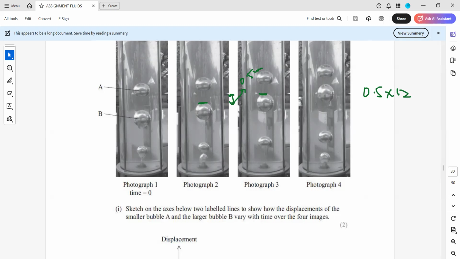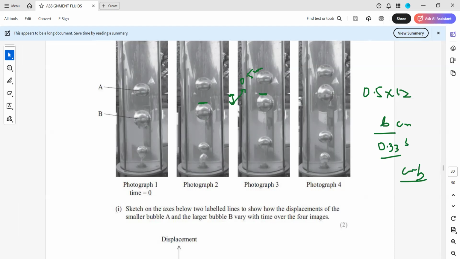Is it clear? So I'll get 6, and the 6 is the total distance in centimeter, divided by time. The time interval between the photographs is 0.33. So I will get the answer in centimeter per second, or I can convert it into meter per second. Is it clear, this one?